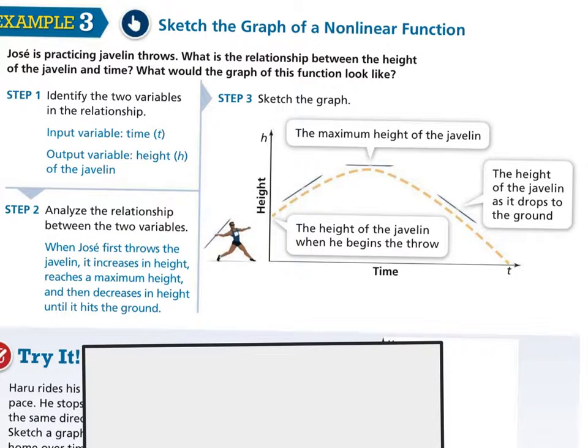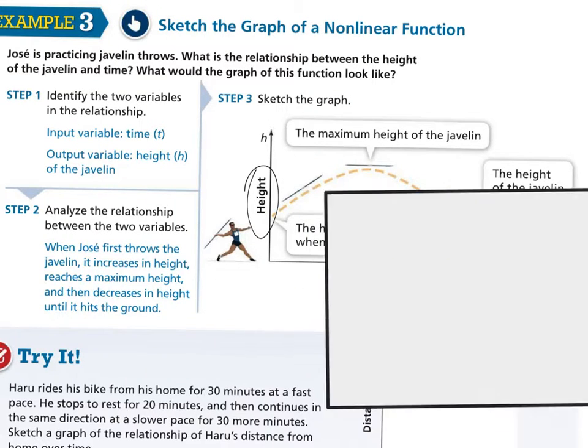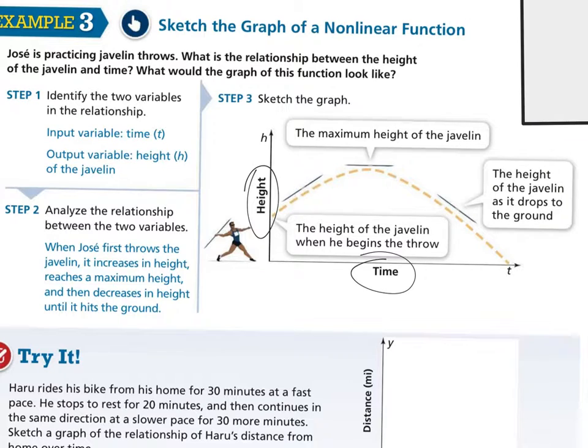You can see that's happening. And again, notice the labels here. We've got the height and the time labeled, so we can tell what's happening. This one they didn't put units because there wasn't any information really given in the problem. We could put seconds and feet if we wanted to, but this is just a general graph of what's happening regardless of the units.